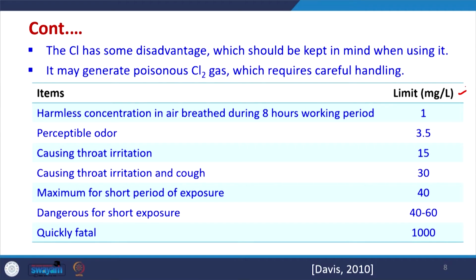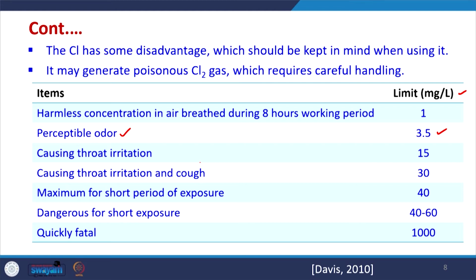Some of the limits with respect to chlorine are given here. At 1 milligram per liter the chlorine is harmless in air if we breathe it for 8 hours, but at 3.5 milligram per liter we can perceive some odor. At 15 milligram per liter it will cause throat irritation.